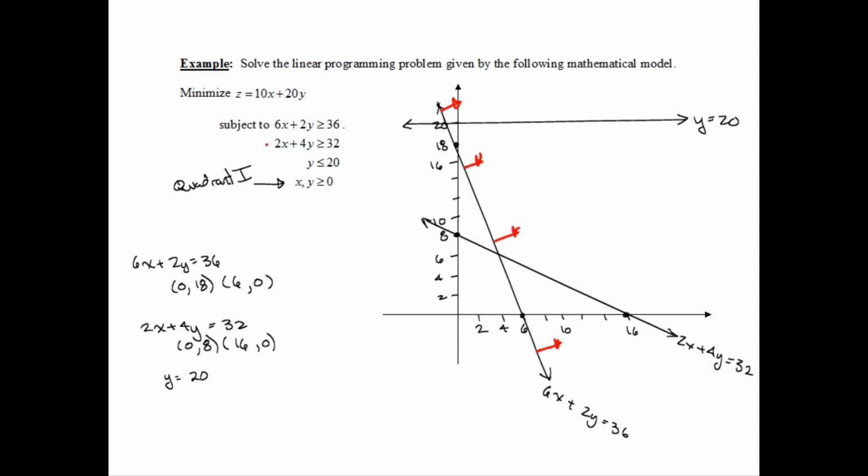We're going to get 0 greater than or equal to 32, which will also make it false. So we're going to shade away from the origin. And for the third one, we don't really even need to think about a test point. We just say y has to be smaller than or equal to 20. So where will it be? Below this line.